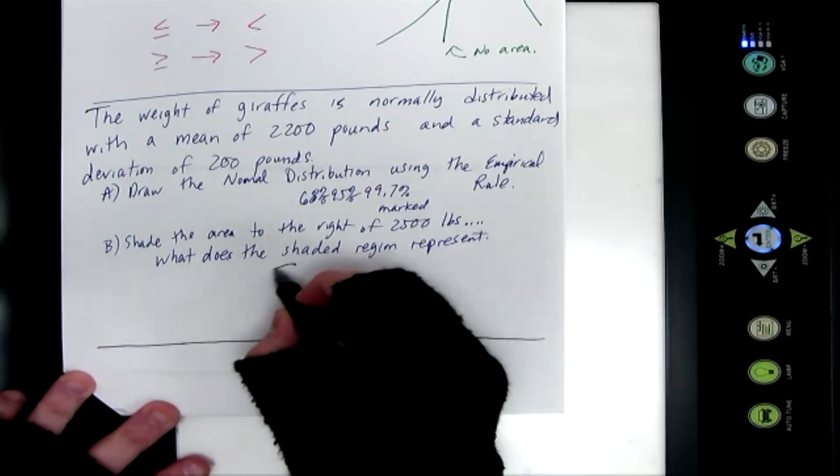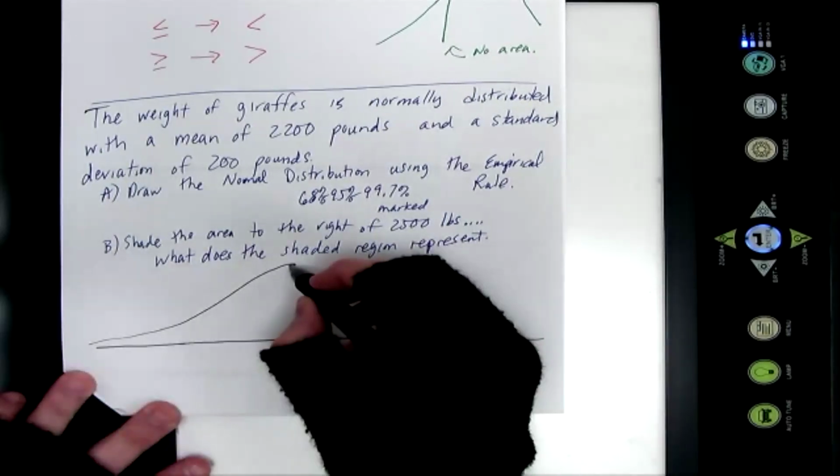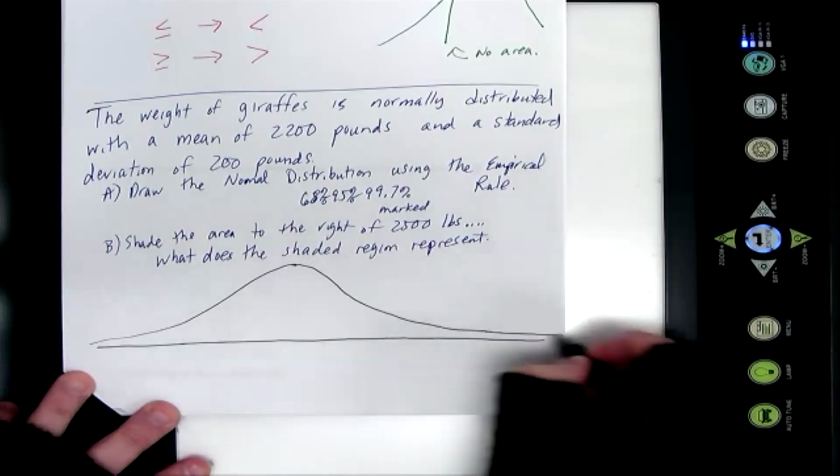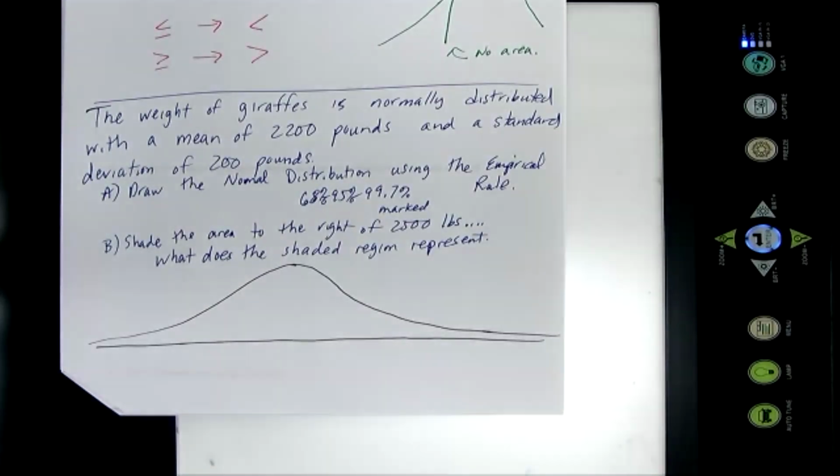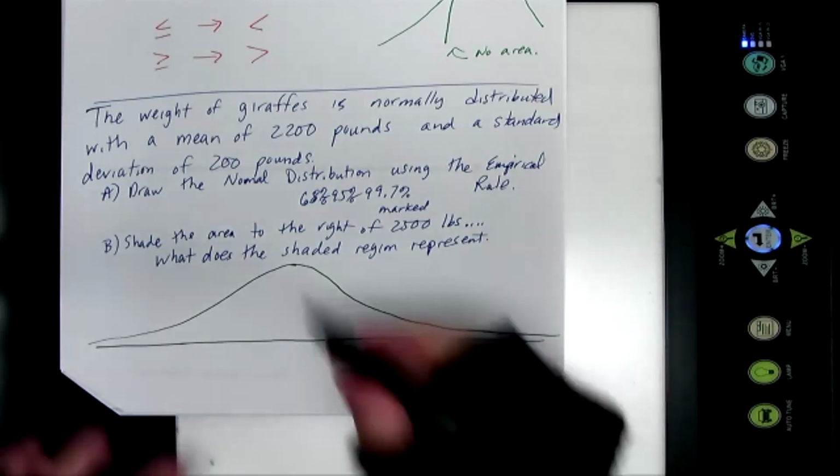Well, you know it's got a bell shape, so draw a bell shape. What goes underneath the peak?